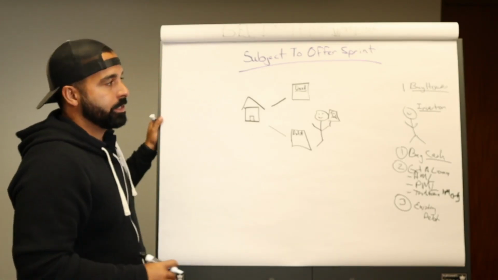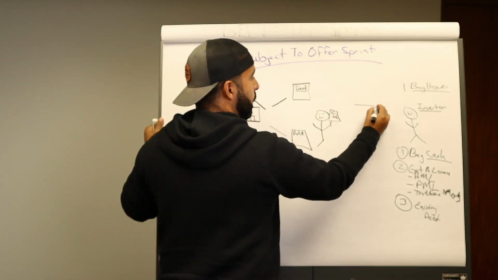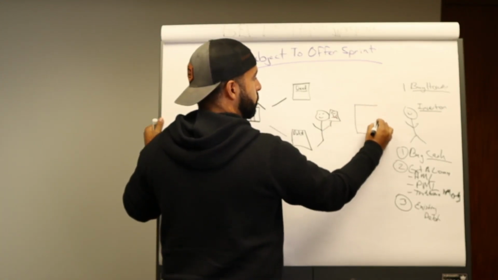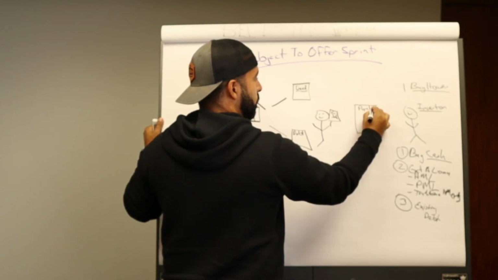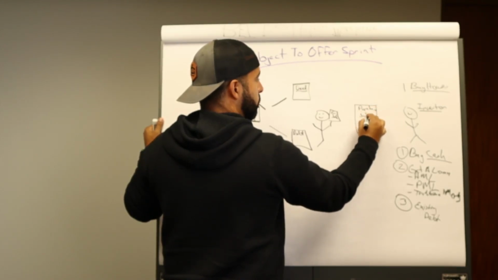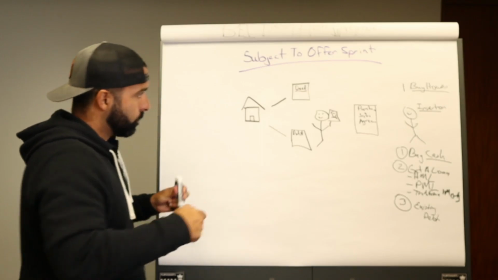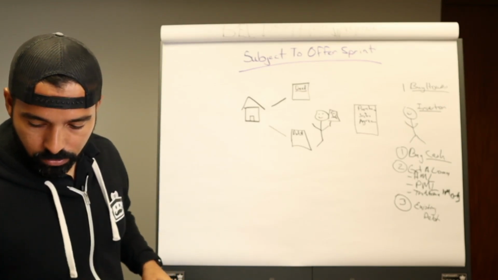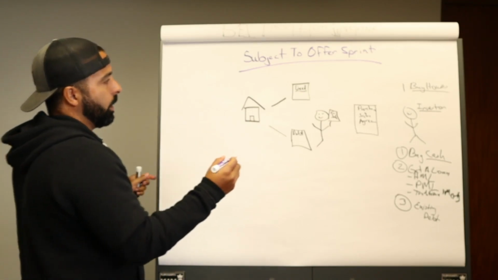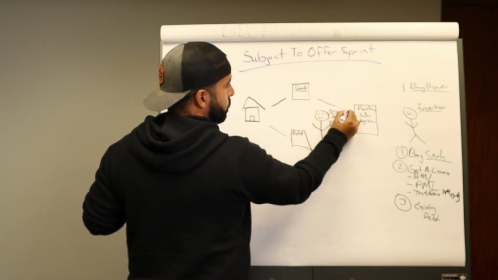And so what happens in this transaction, I'm going to write up here a purchase and sales agreement that says, yes, Mr. Investor, I will go ahead and deed you the property.